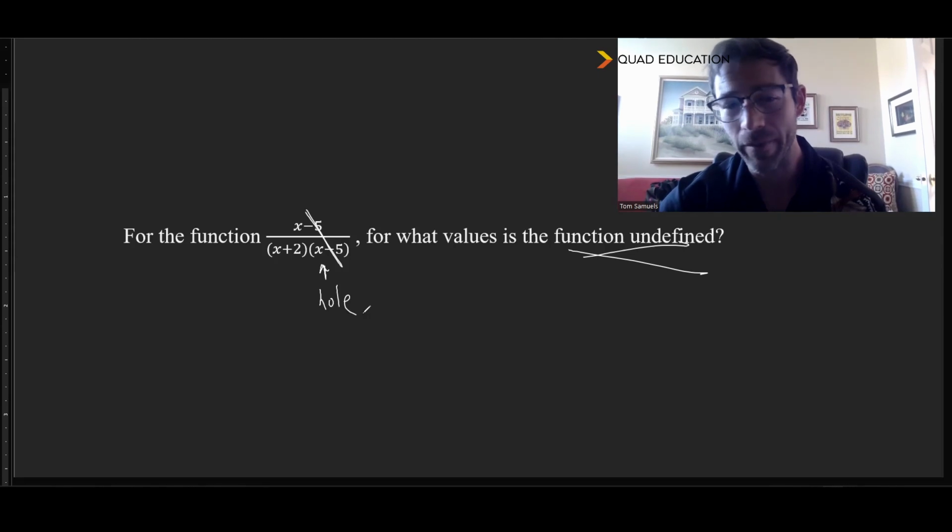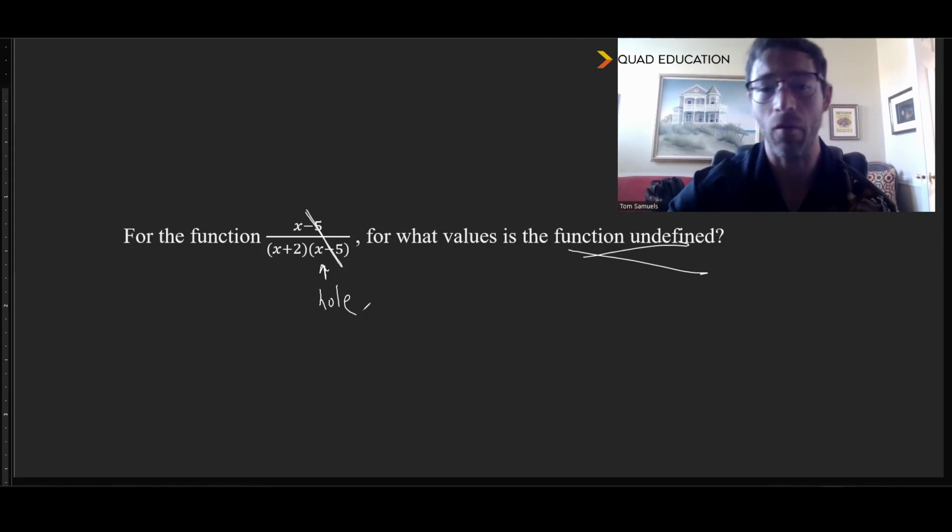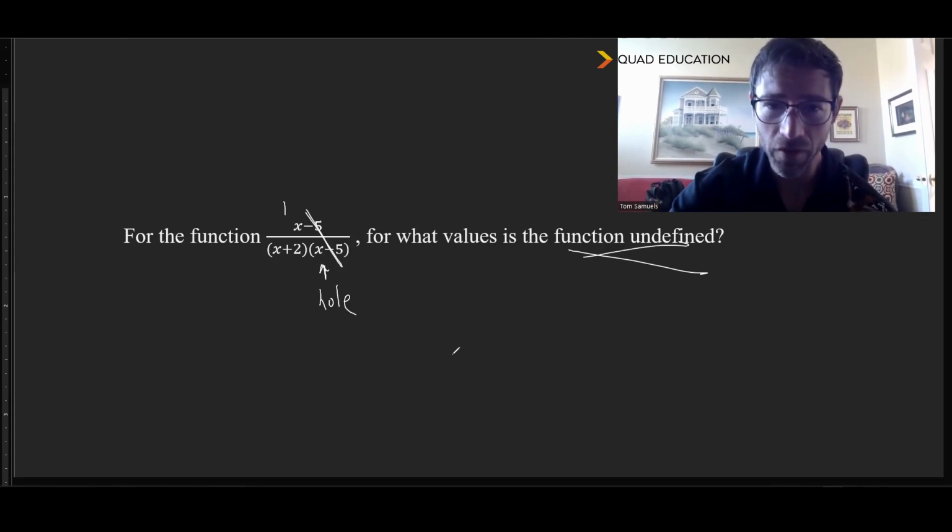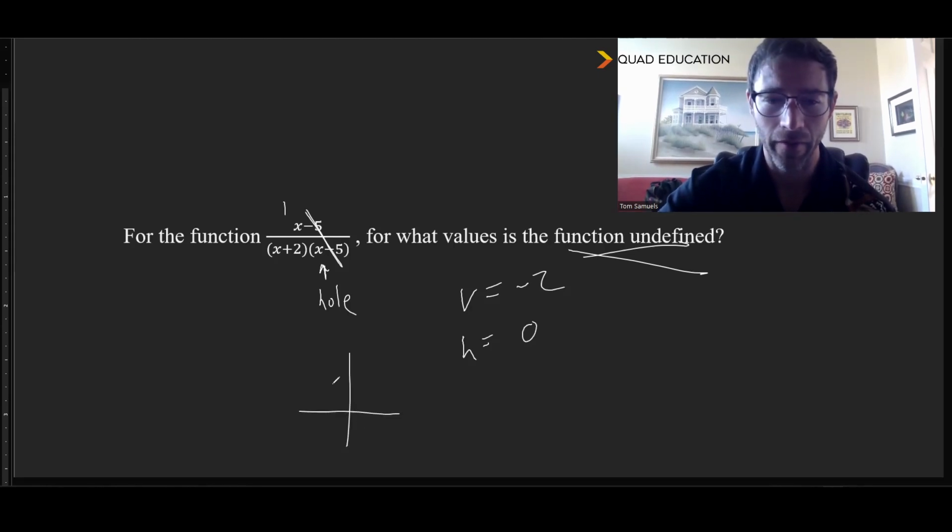And you don't really need to know much about holes for the test, just that it's a little dot where the equation does not work. So for example, here we have 1 over x plus 2, which means that our vertical asymptote is at -2 and our horizontal asymptote is at 0. So if I draw a quick axis, we have -2 as our vertical, and it's along 0.